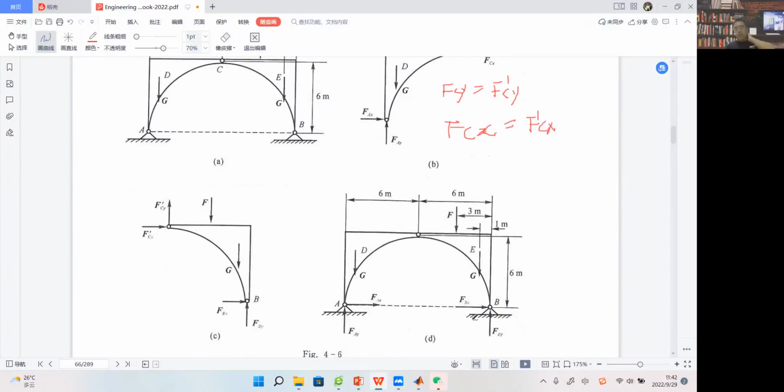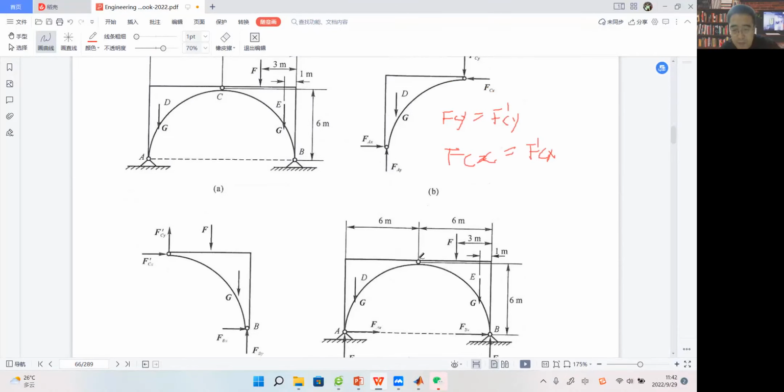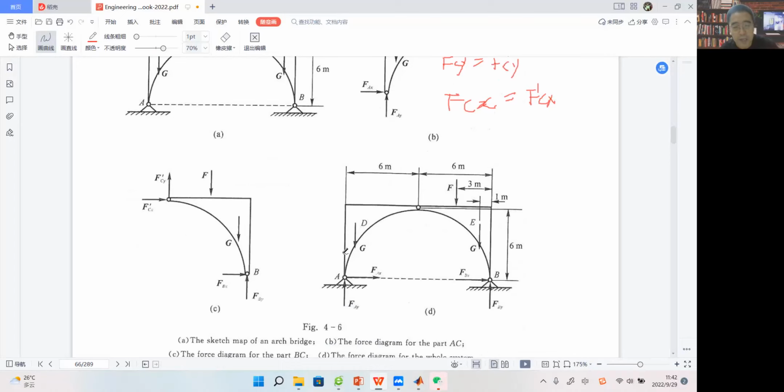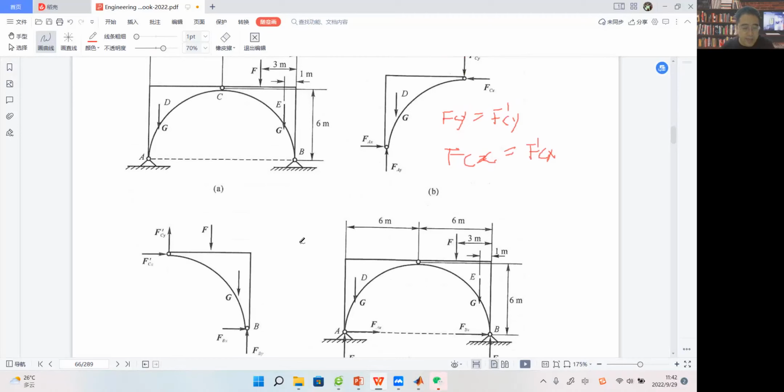And we also give FBY and FBX, which equal these, right? This time we do not need to give the force at C because we select these two parts as a whole to be studied. So these will be internal forces we do not need to consider. See? Can you understand that?